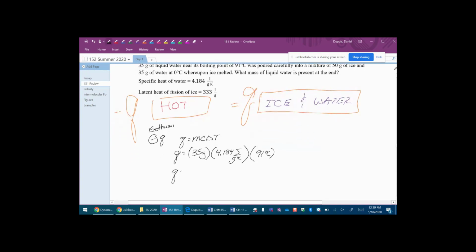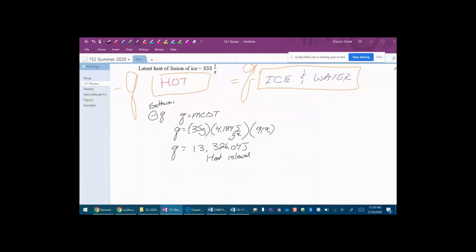So the heat that the hot water can give off would be 35 times 4.184 times 91, which is 13,326.04 joules. That's the heat released. That's the maximum amount of heat it can release. It might not need all of that.